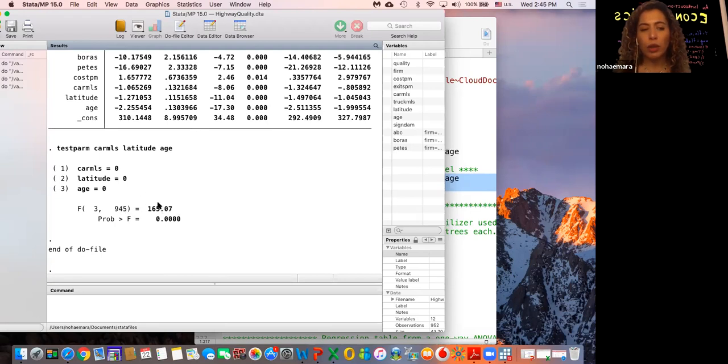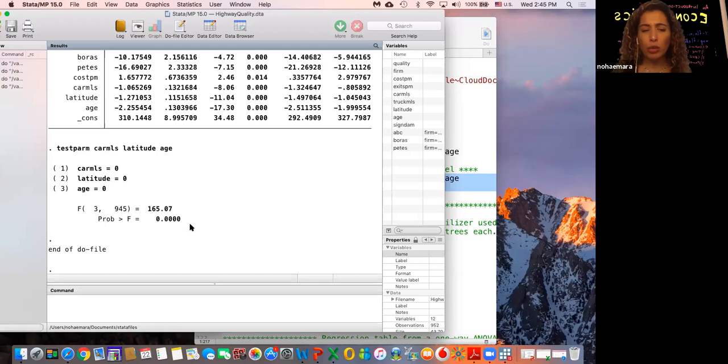You take this one and you go to the F table with 3 degrees of freedom for the numerator, because I'm testing 3 coefficients. These are the Q number of restrictions, and then n minus k minus 1. This number is actually huge, so you will not find it in the table, but you will find the very last row called infinity. Whenever I have a large sample size, I can just approximate by using the infinity row to get the critical value and compare it with this one.